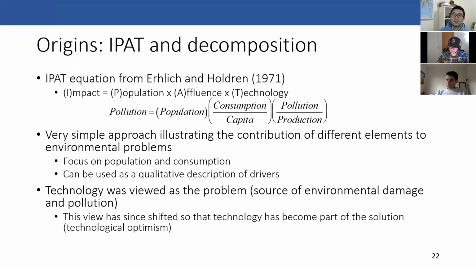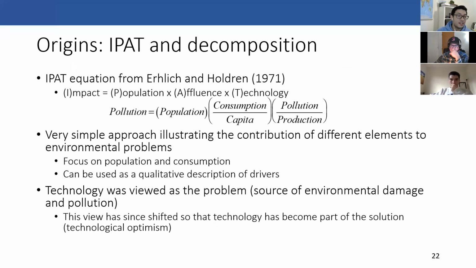And this originated back in the early 1970s from this famous paper, Ehrlich and Holdren. And I always forget to check this, but I'm fairly certain this Holdren is the John Holdren who headed the science office under Obama.